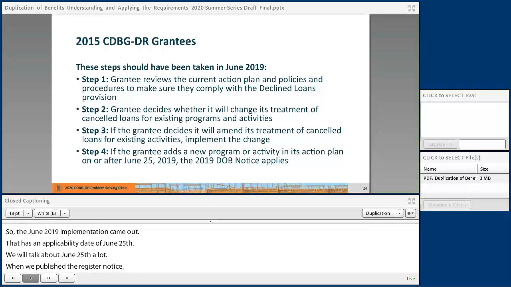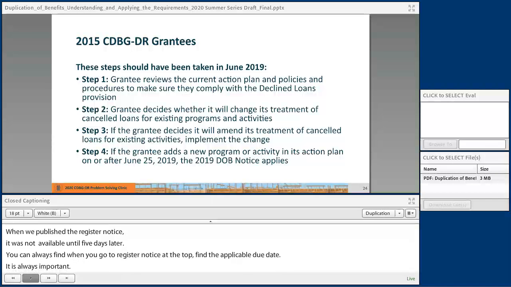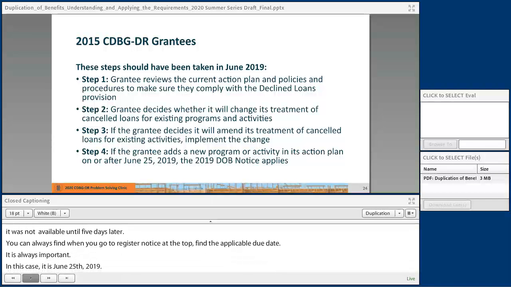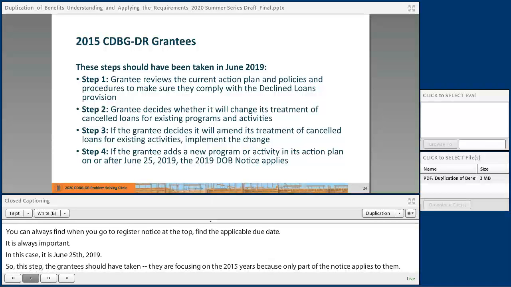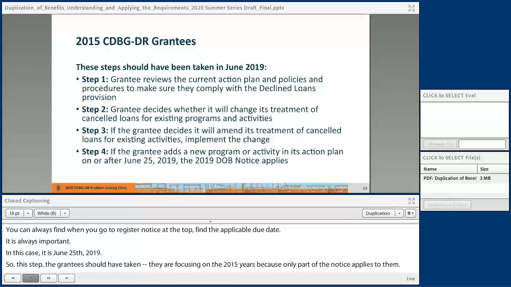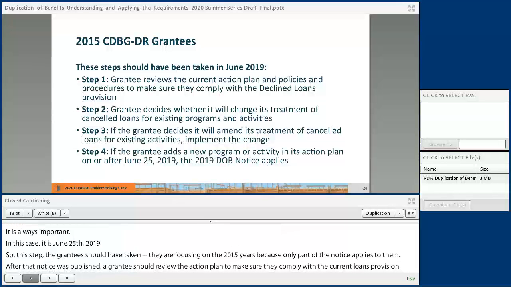So the steps that grantees should have taken, and we're focusing on 2015 here since only part of the notice applies to them: after that notice was published, a grantee should have reviewed their current action plan and policies and procedures to make sure they comply with the declined loans provision. And I think in 99% of the cases that's going to be right, that your current policies are already not counting declined loans as a DOB.